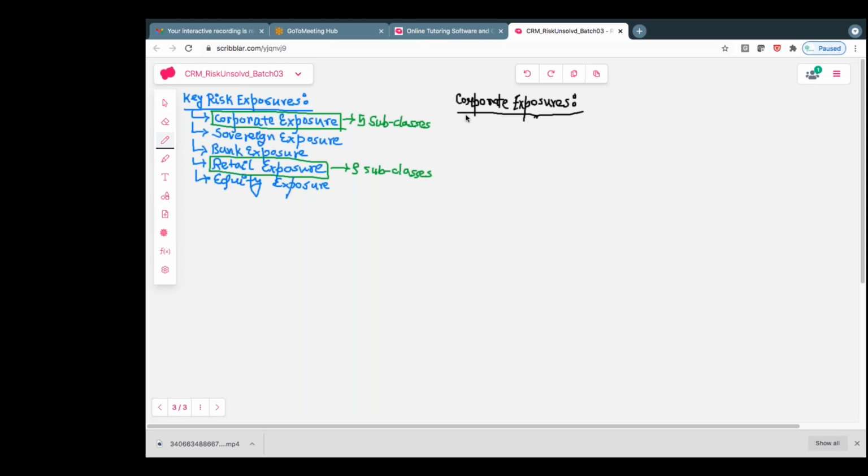Now, when you talk about corporate exposures, the first point is we need to define what a corporate exposure is as per the BCBS guidelines. The second point is that we need to understand what are the type of products or what are the kind of business lines which come under the corporate exposures.